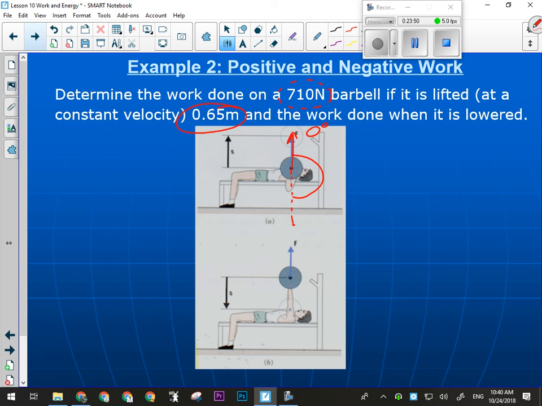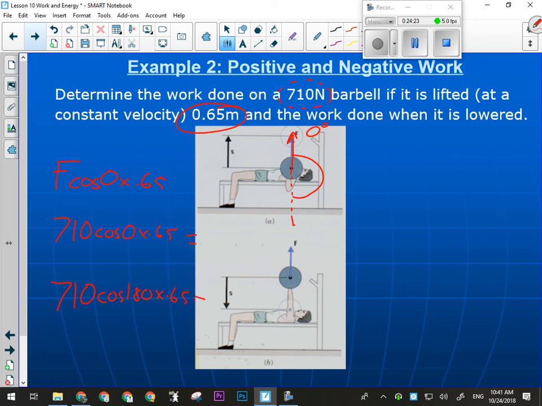So when I push the barbell up, I'm going to go force times the cos of 0 times 0.65. So I'll have my 710 newtons times the cos of 0 degrees, which is +1, by the way, times the distance, 0.65. When I lower it, I'm exerting 710 newtons times the cos of 180 degrees, the reverse direction, times 0.65.